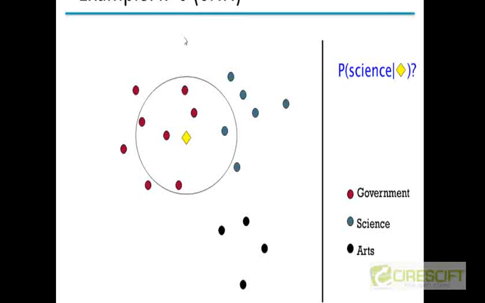So in this case it's chosen to be 6. So we're looking at the 6 nearest neighbors of the test document, and these are the 6 points that are closest to this yellow test document. 5 of these points are colored red and 1 of them is colored blue. So we are going to say that the class of this yellow document is the red class, or it's a government document.